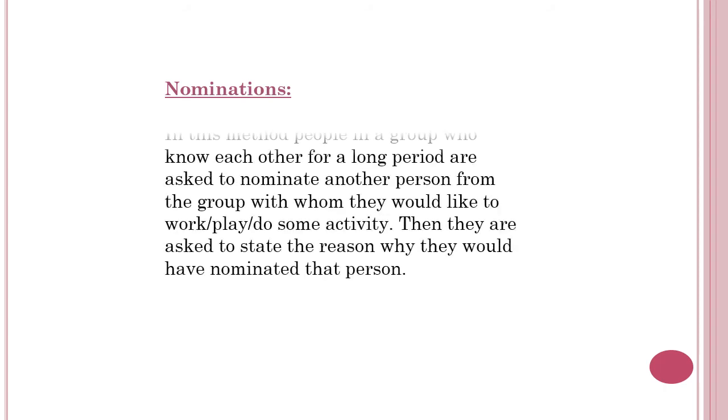Next, we have nominations. This method is used in obtaining peer assessment. It can be used with persons who have been in long-term interaction and who know each other very well. In using nomination, each person is asked to choose one or more persons of the group with whom she or he would like to work, study, play or participate in any other activity.